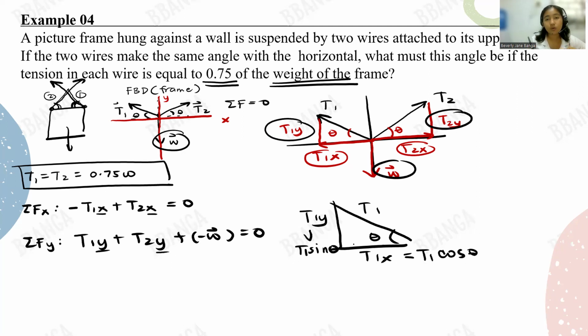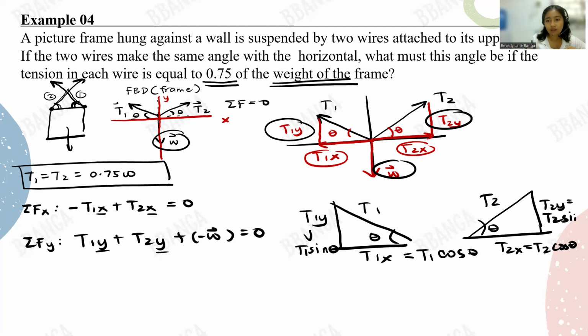So, kapag ganito, mas madaling gamitin yung method 1, no? So, doon sa vectors natin before, yung method 2, where this time, yung method 1 naman. So, yung T2 naman tayo, T2 and theta. So again, T2x is again T2 cos theta. And itong T2y natin is again T2 sin theta.